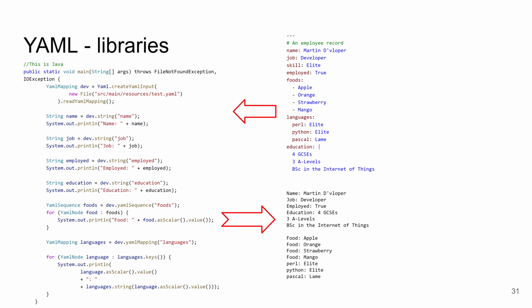Now let's take a look at how YAML can be read. Again, I will show you a snippet of Java code, and it will go similarly to how the other configuration formats were loaded.